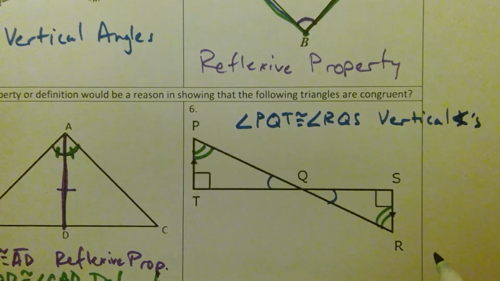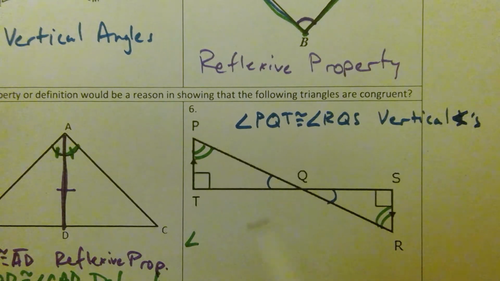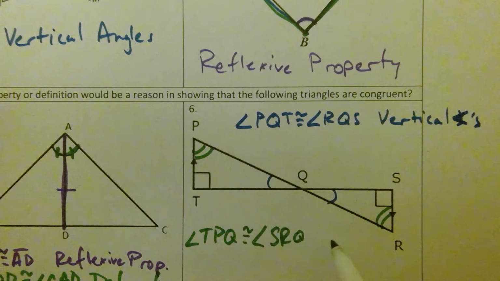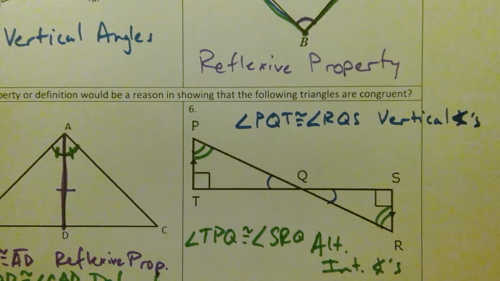So those are alternate interior angles. So once again, let's make a congruency statement. So you have angle TPQ. Notice how where that angle is the middle letter. And then angle SRQ. Okay, so those are alternate interior angles.